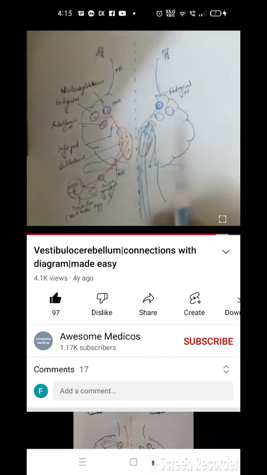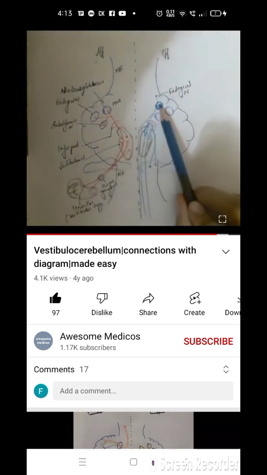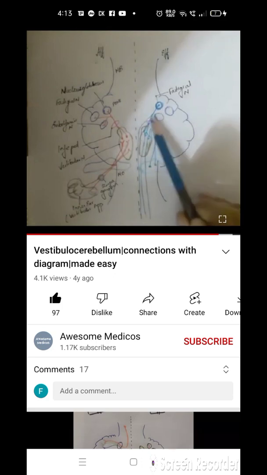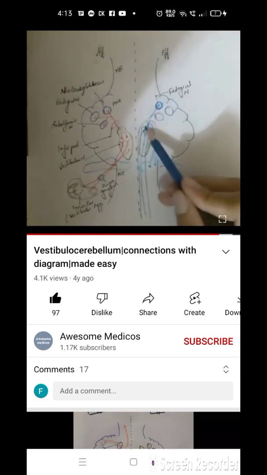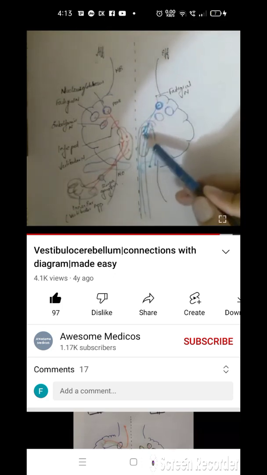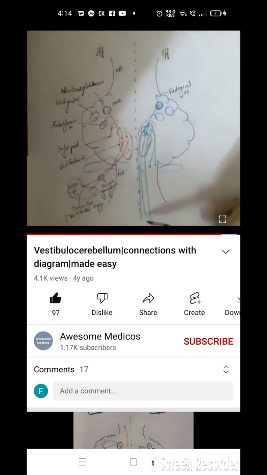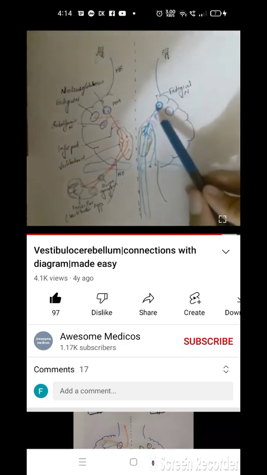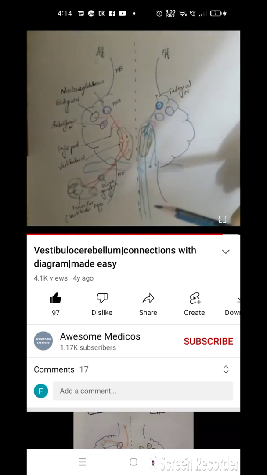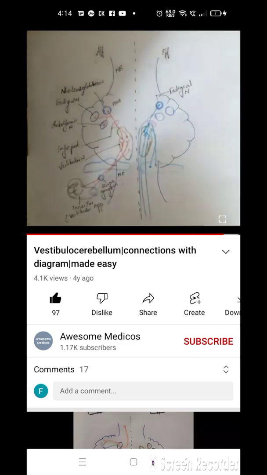I hope it isn't messy here. Very simple. It ends in the vestibular nucleus and goes as vestibulospinal tract. The other one is the reticulospinal tract, which ends in the gamma motor neurons of the spinal cord.